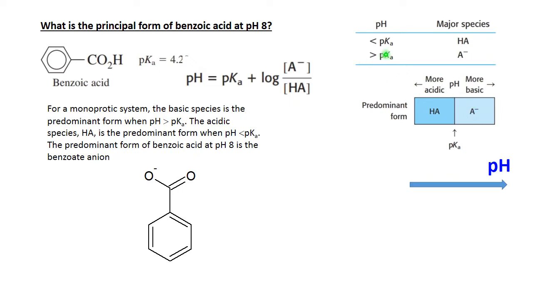More basic means higher pH. Now, for this case, pH 8 is obviously larger than pK, so the species dominating will be the basic benzoate ion.